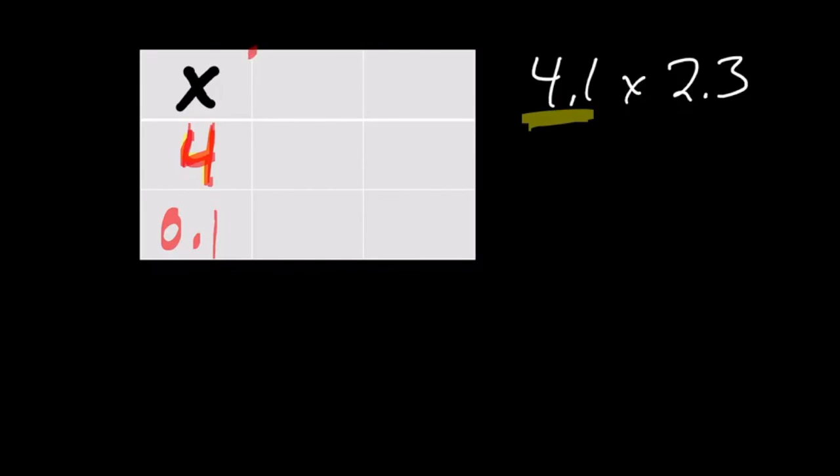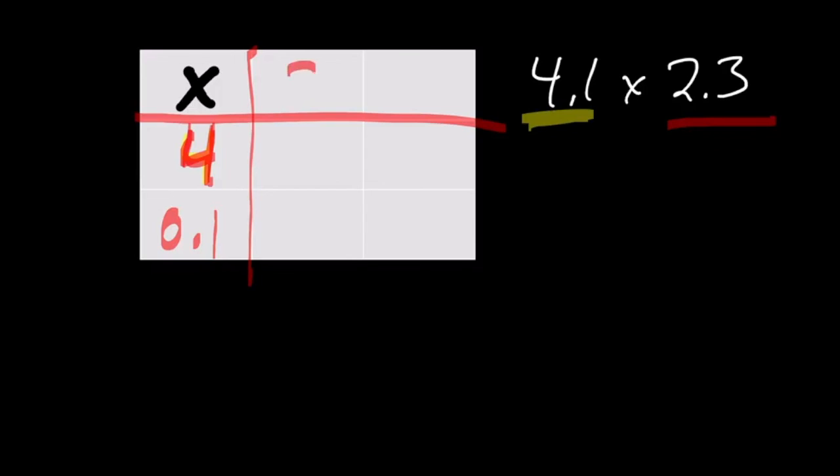And now I'm going to split up by my place value here as well. So what happens here, remember, I go over my column and I go down my row and I multiply 2 by 4, which is 8. And then I'm going to go over my column, multiply, and this is going to be 1 and 2/10.